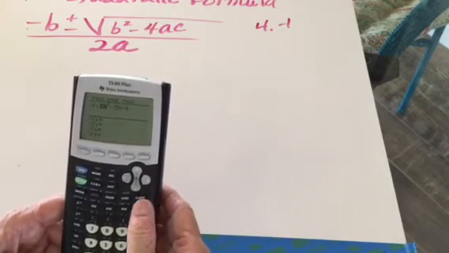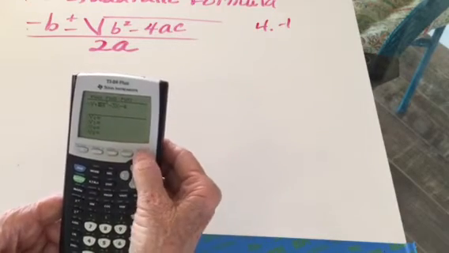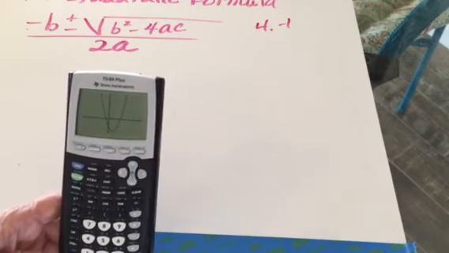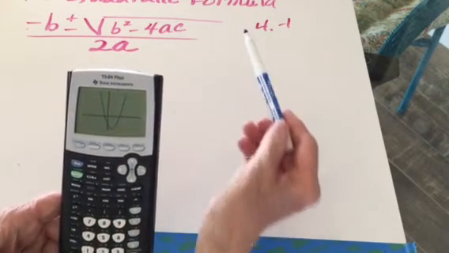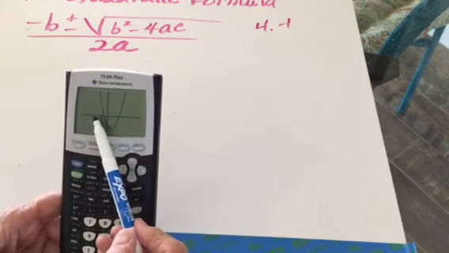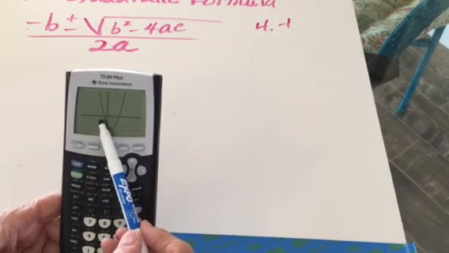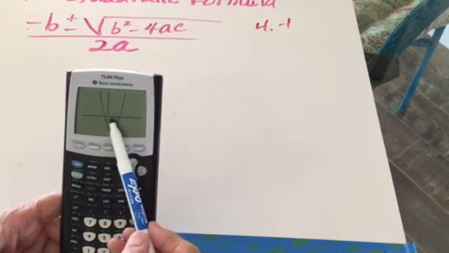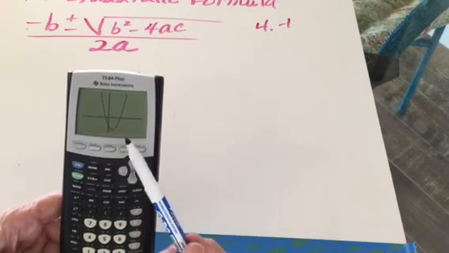So I have x squared minus 3x minus 4, and then when I push graph, you can see, maybe, I hope, that the graph is going through the x-axis over on this side and over on this side. This side happens to be -1, and over here is +4.